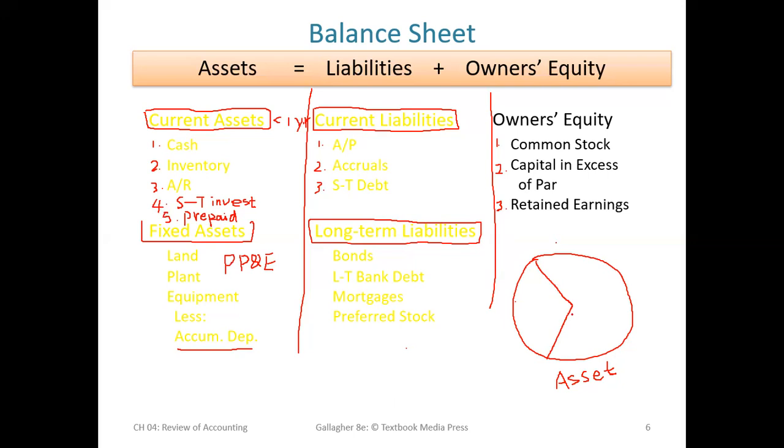One slice is liability, which is your debt, the money you borrowed. Another slice of pizza is owner's equity. The equity is stock, or the debt is bond. These two slices form your total assets.